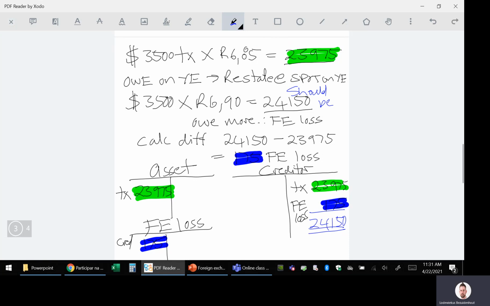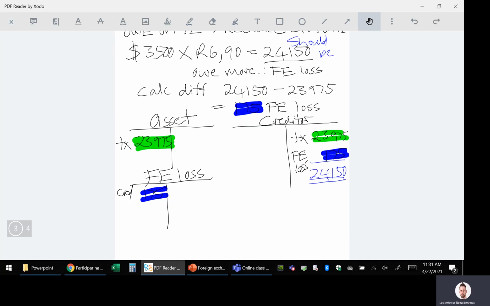All right, so that is up to year end. We've had the transaction at the spot rate. We restated the foreign currency that we still owe on year end. And now what do we need to do? Now we have a payment after year end.